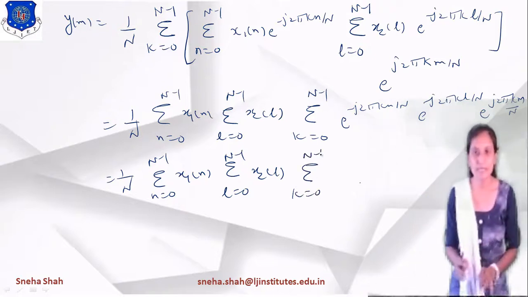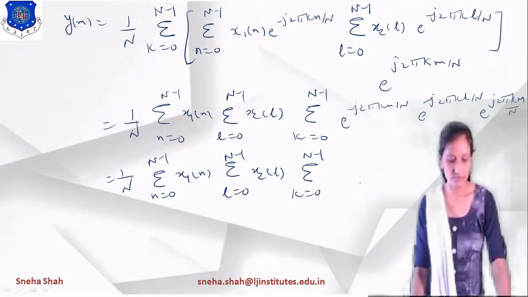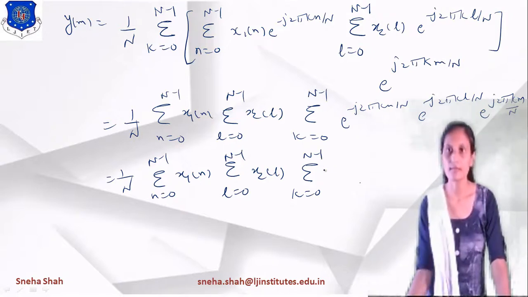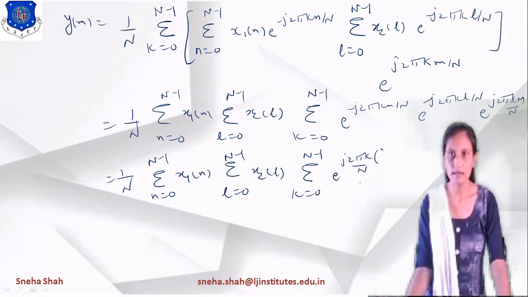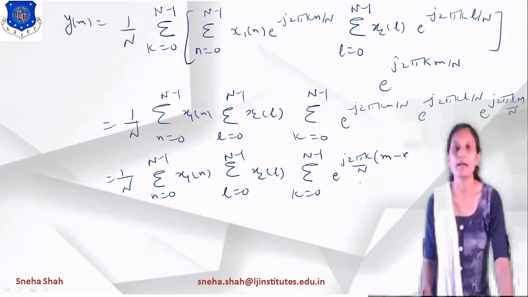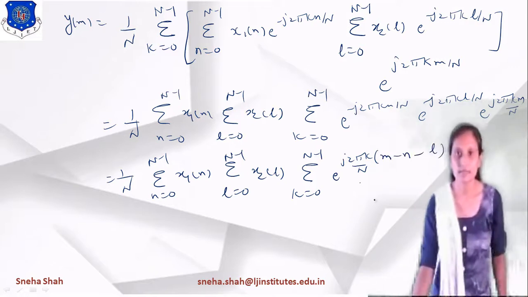Now this term will be represented as e raised to j 2 pi k by capital N, times m minus n minus L. Now we simplify this term.